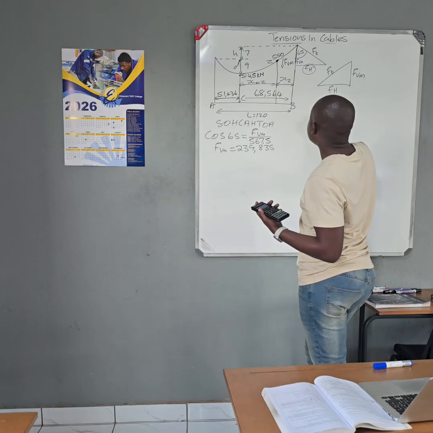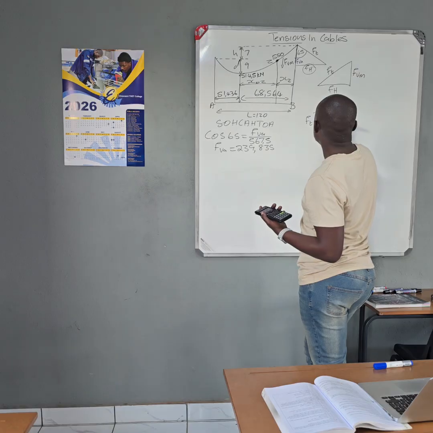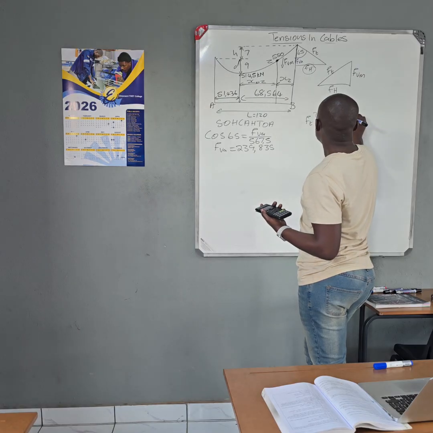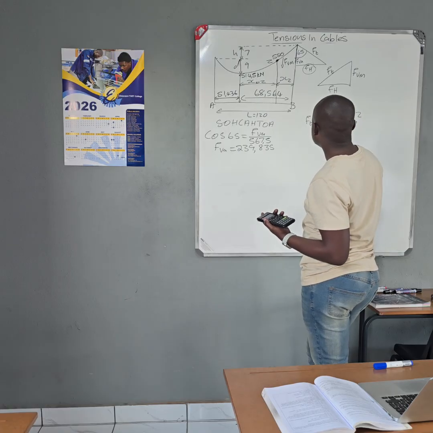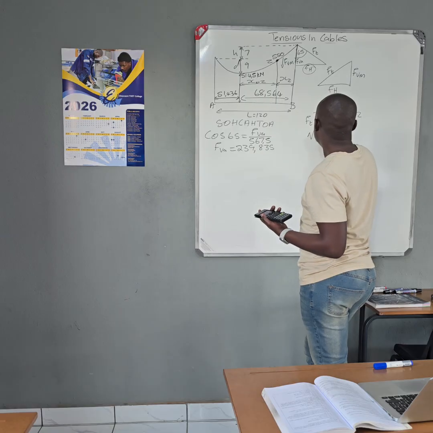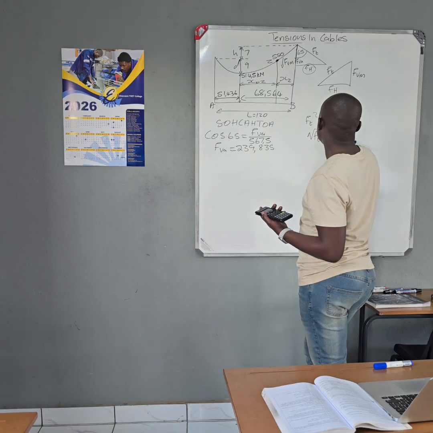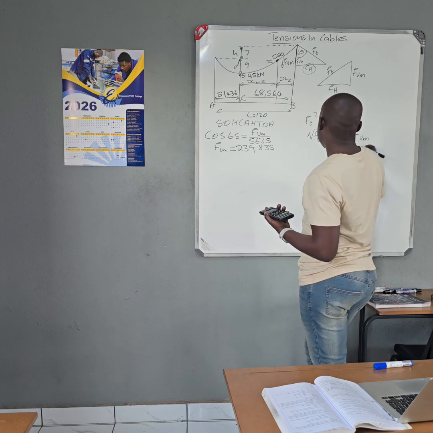So FT squared is going to be equal to FH squared plus FVM squared. That's FVM. So it's going to be equal to the root of FT squared minus FH squared. Here we will find FV.